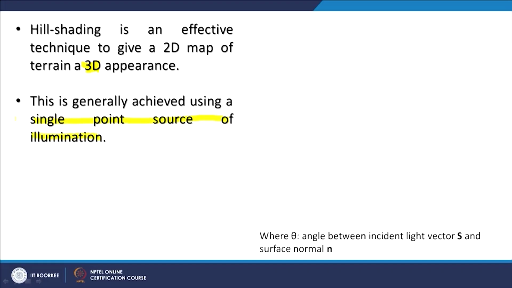Now, this point is very important: the single source, because we always assume that there is only one sun. Even in our modeling or simulations, when we do the hill shading, we always assume that there is only one source of light.